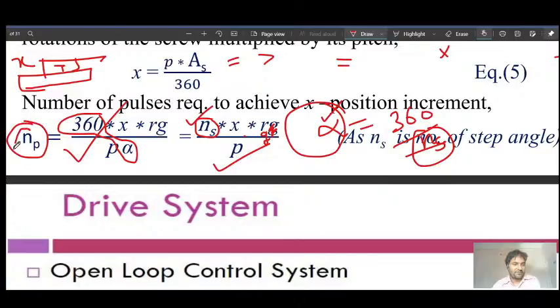And NP is given where? It is given as pulse is not changing at motor, so this pulse will be supplied at the motor side, correct?